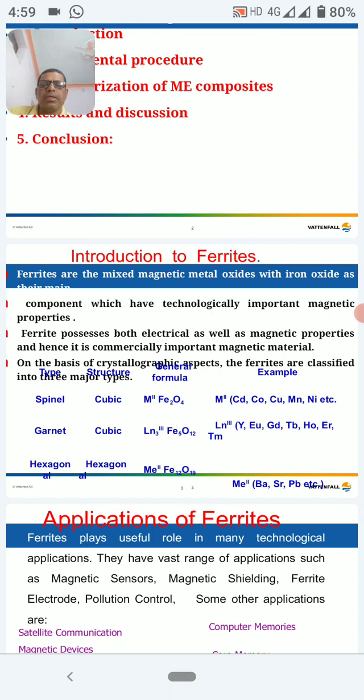If instead of this divalent metal ion there is a lanthanide series metal, then it is called a garnet ferrite. And instead of that divalent metal ion, if I place metals such as barium, lead and the like, then it has a hexagonal structure.